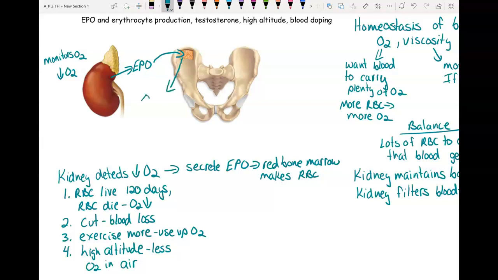So now you get more red blood cells. Well, if you have more red blood cells, you've just increased the oxygen capacity of your blood. And now you have negative feedback. This increase cancels out the decrease.